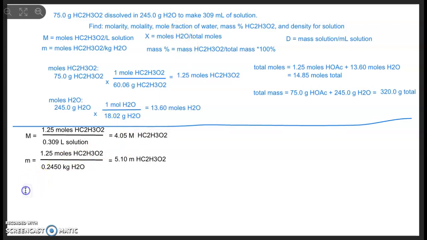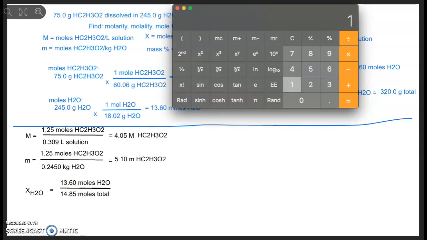For mole fraction of water, I need the moles of water, 13.60, and the total number of moles, 14.85. 13.6 divided by 14.85 is 0.9158.